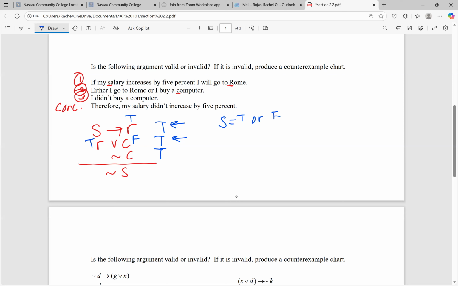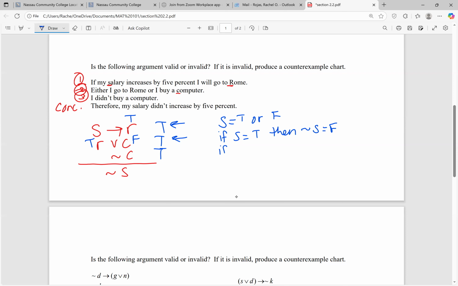Well, if S is true, then not S, which is the conclusion, would be false, right? So if S is true, then not S is false. And then we would have three true premises but a false conclusion, and that would make the argument invalid.